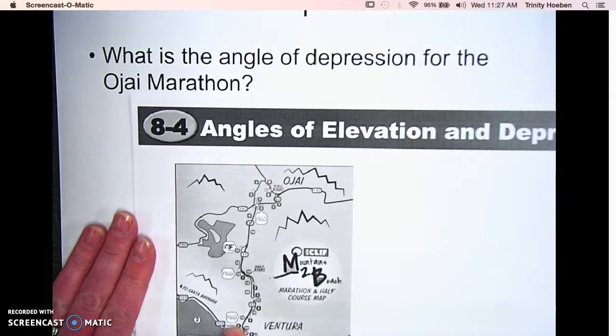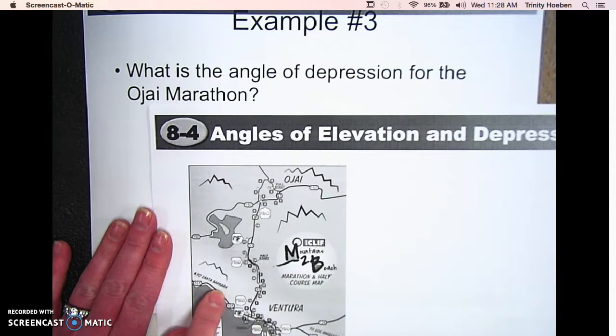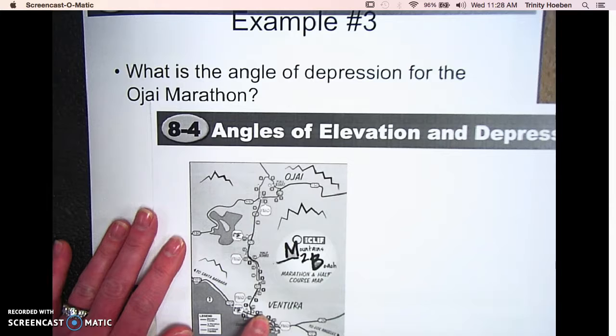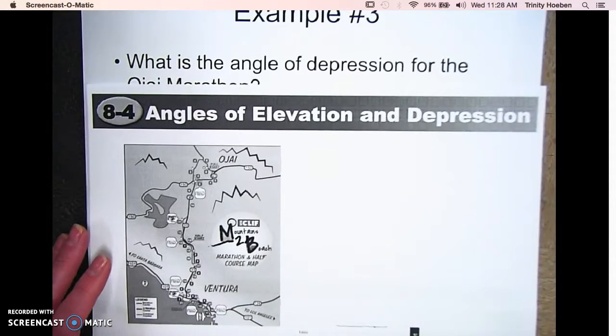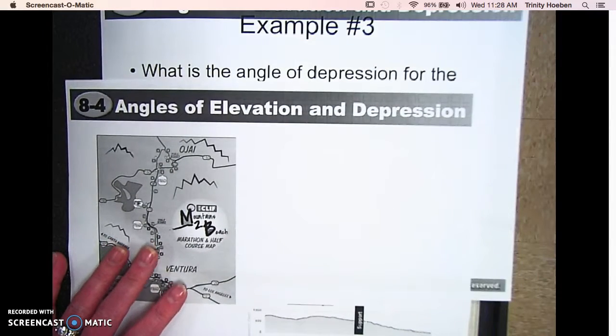When you get to the bottom, you run down by the beach a little bit, because this is somewhere between Santa Barbara and LA, so it's kind of Ventura-ish. Okay? You run around down at the bottom. So this is the map they give you, and then they also give you an elevation map.